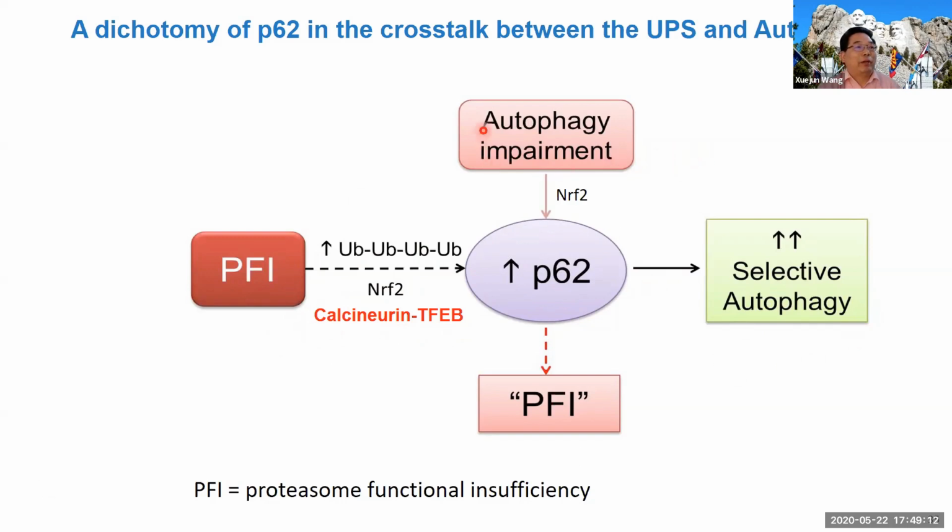However, when you have an autophagy impairment, P62 also increases, but in that case P62 will hijack the ubiquitinated protein substrate from the proteasome. The outcome will be similar to PFI, proteasome functional insufficiency.